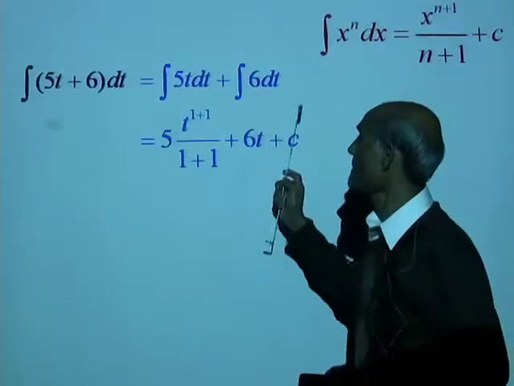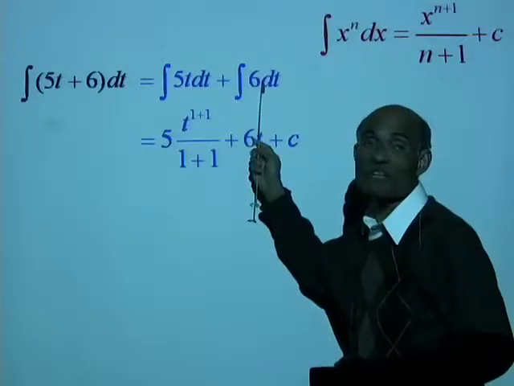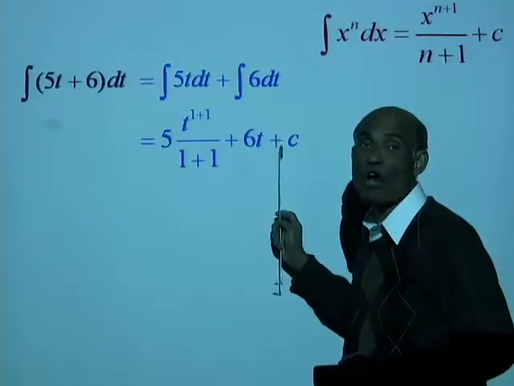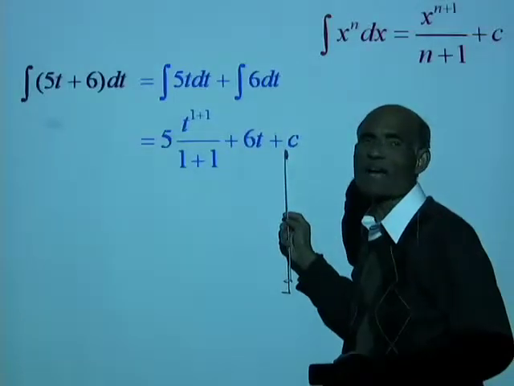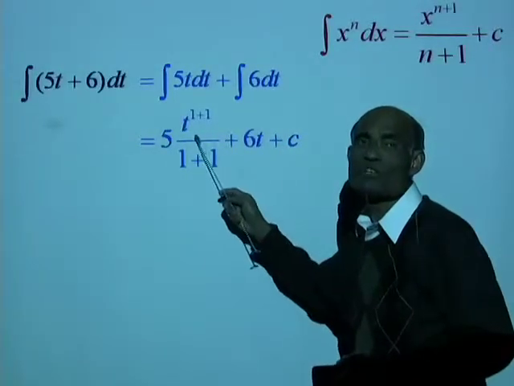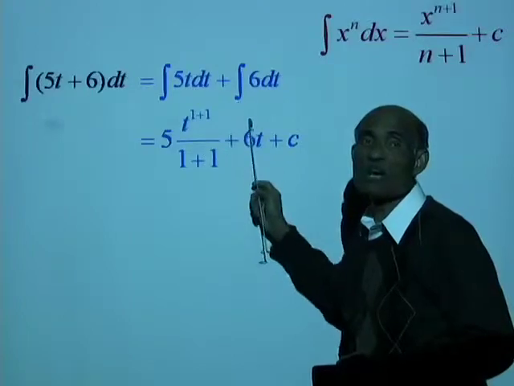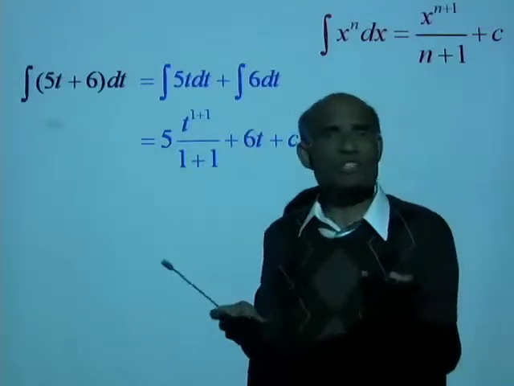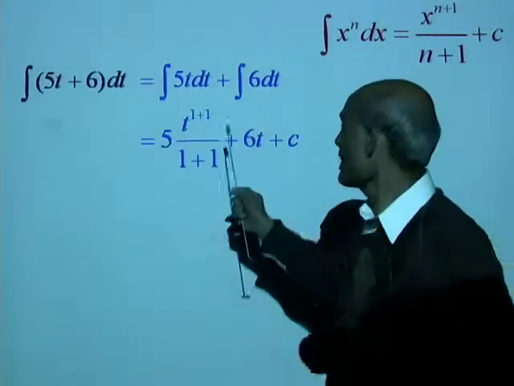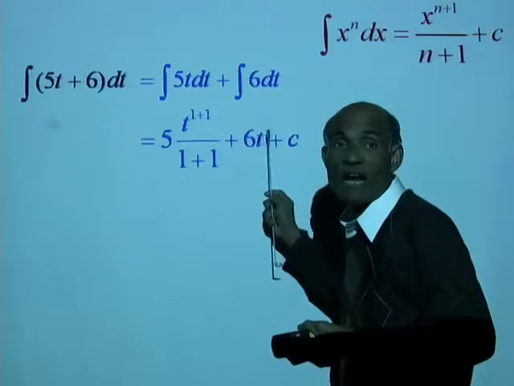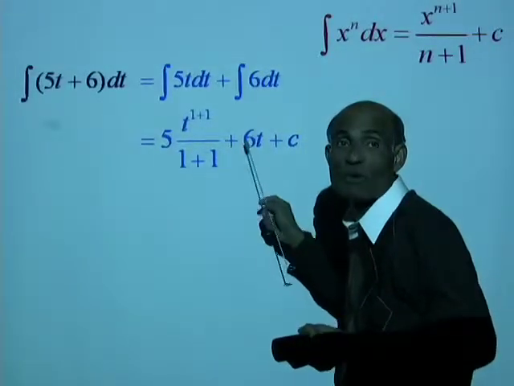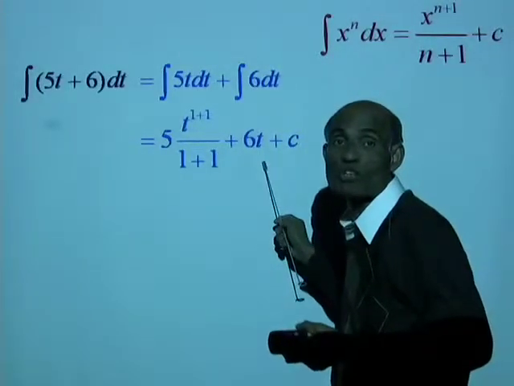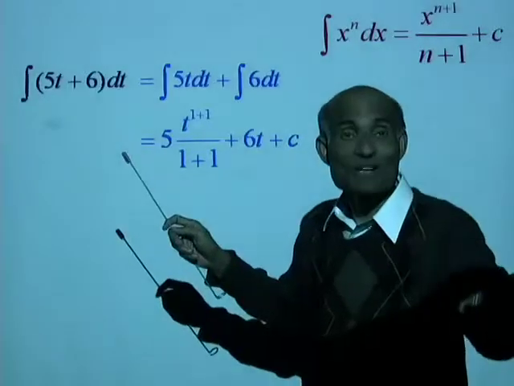Now tell me, we have 2 terms that we integrated, but we used only one constant. Why? Should we use a constant for each term? Now remember, constant is a number. So if I use one constant here and another constant for the second term, if you add those 2 constants, it will still be another constant.